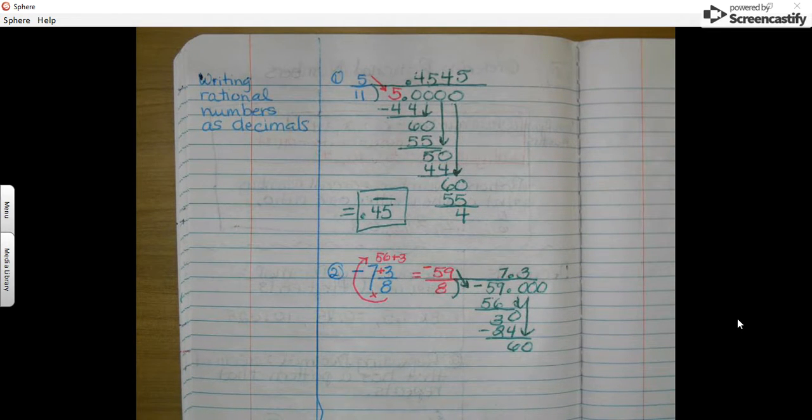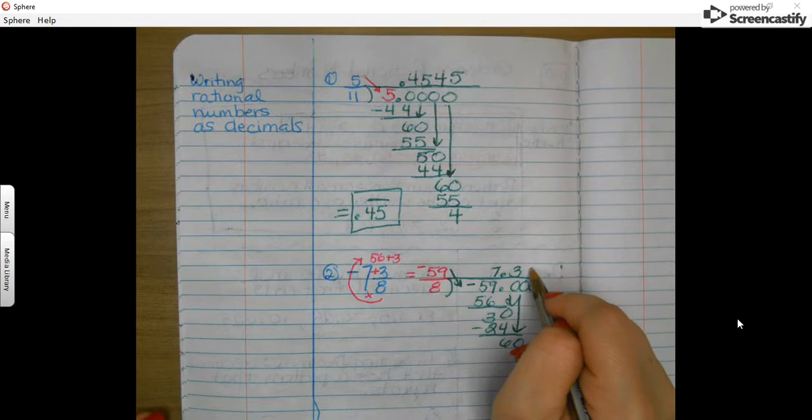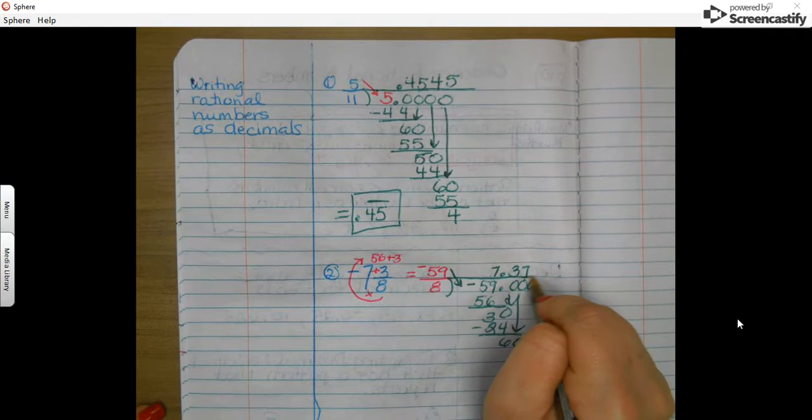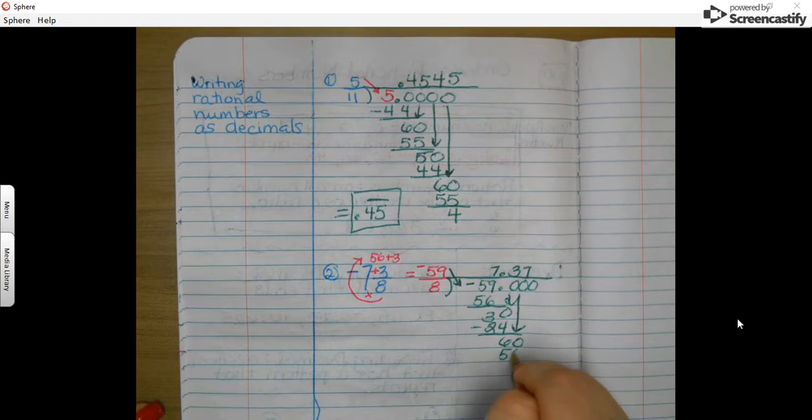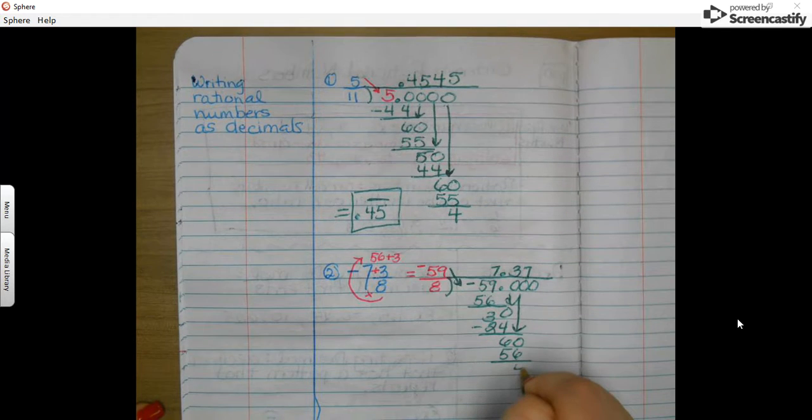So how many times can 8 go into 60? 7 times. And what is 7 times 8? 56. Yep, 56. Which will give me 4 left over.